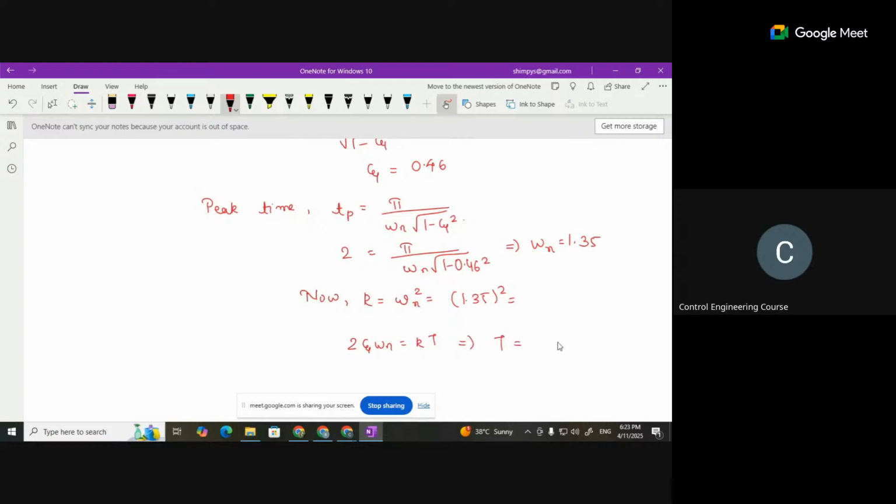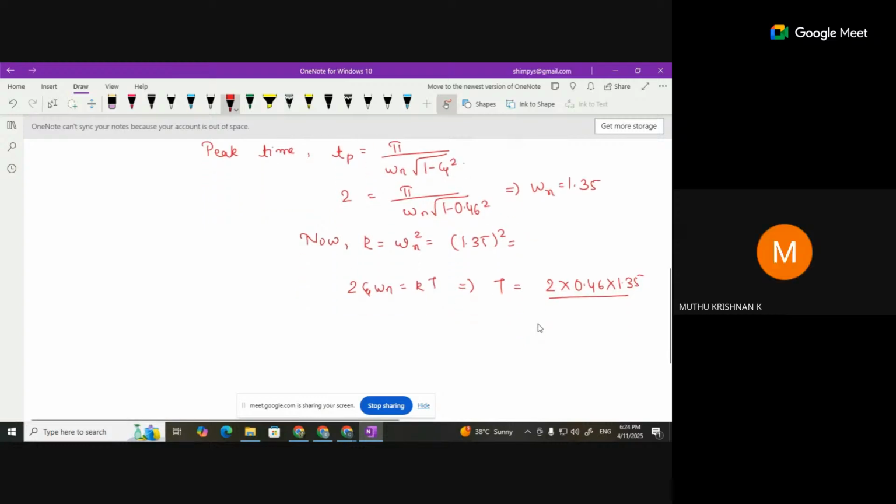And t comes out to be 2 into 0.46 into 1.35 divided by k. How much is k? Square of this. The square of 1.35 is 1.82, right?